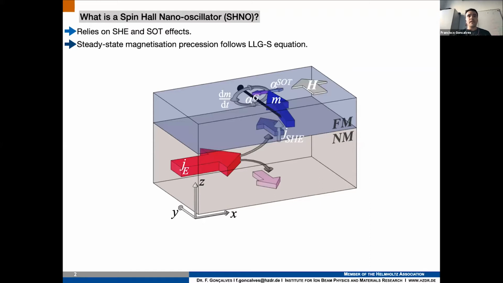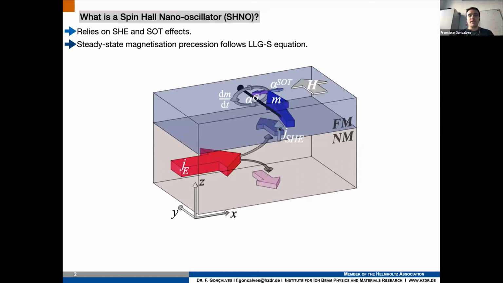So what happens here is that a charge current with a certain density, in the heavy metal, induces accumulation of polarized spins at the top and bottom interfaces, which is the spin-Hall effect. And this pure spin current accumulates at the top interface and then transfers to the ferromagnetic layer up here in the form of a damping-like torque.